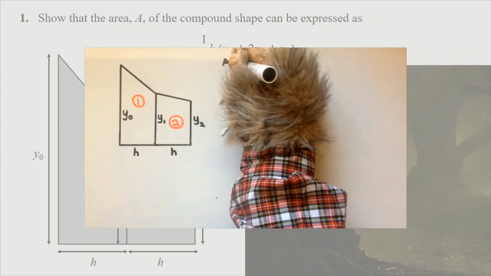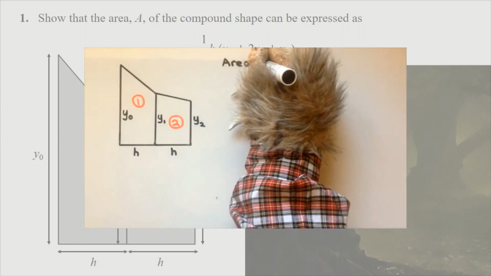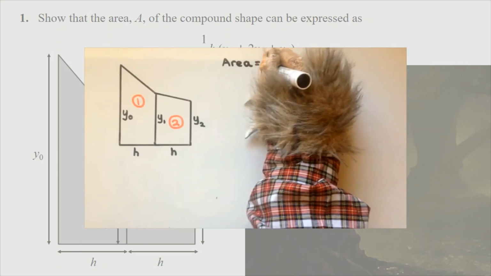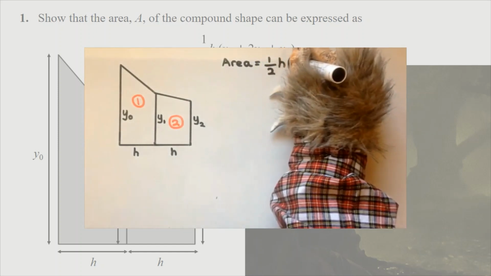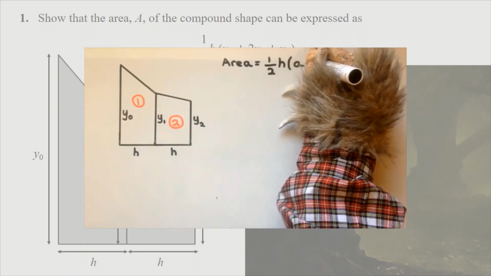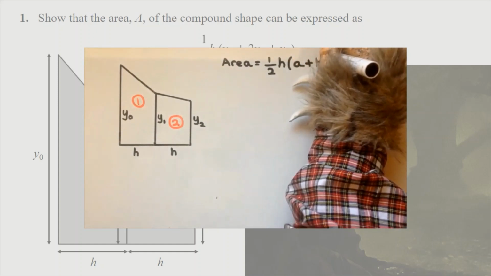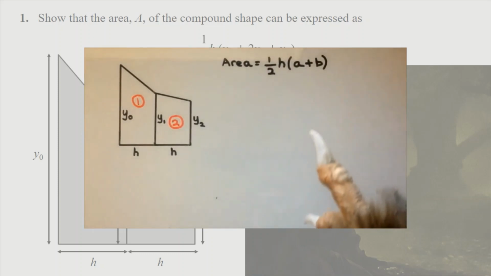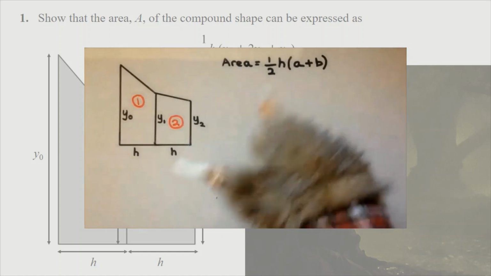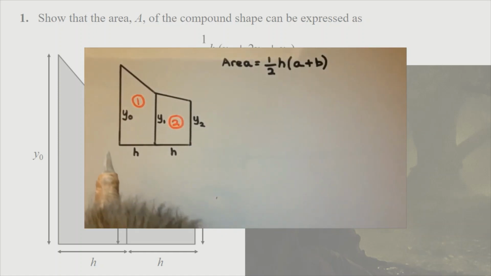The area is equal to 1/2 multiplied by h multiplied by a plus b. And just to be clear about what the h and the a and the b represent, the h here is the height of the trapezium, which is the perpendicular distance between the two parallel sides.